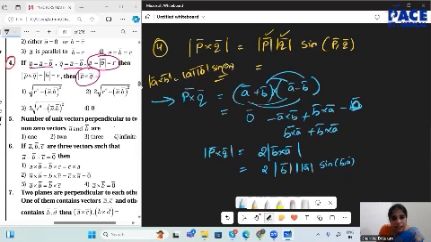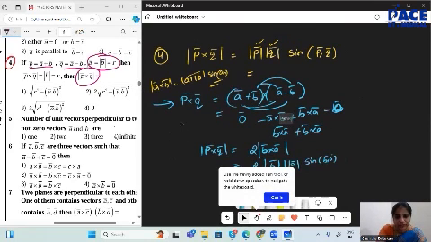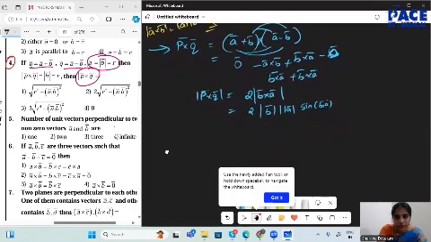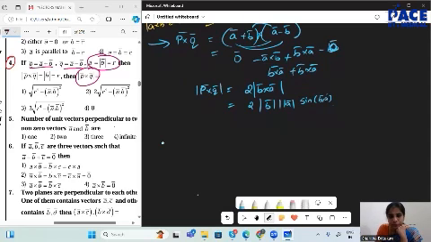All right. Now, when you observe, are they giving us sine of angle between A and B? Look at your options and tell me, what are your options stating to us? So in our options, do we have any such thing like angle between these two? Do we have them? No, isn't it?